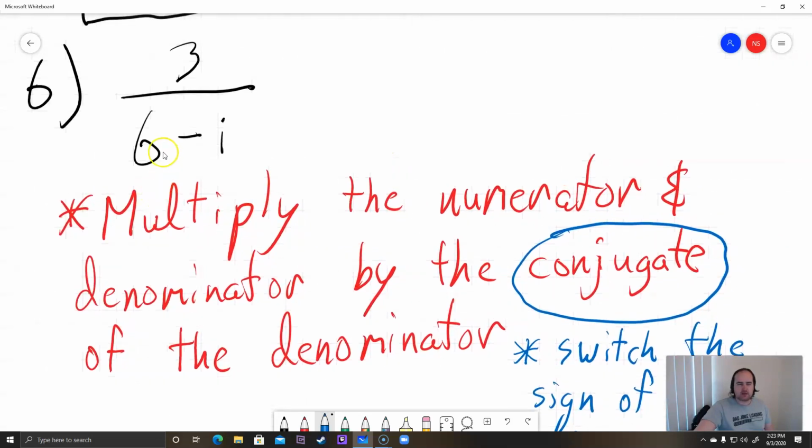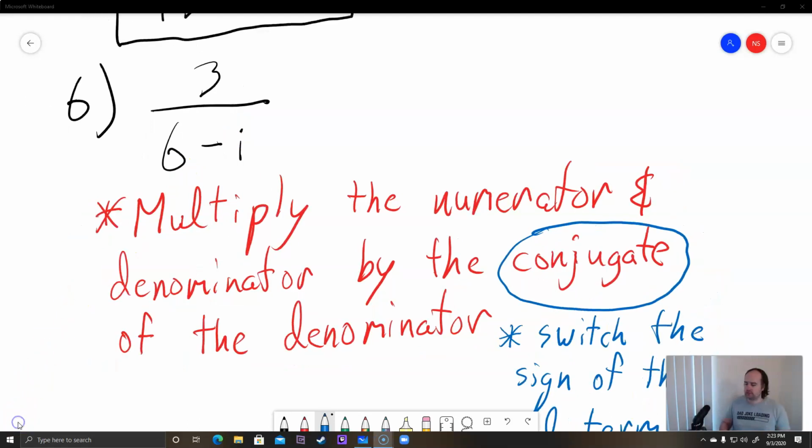So what's the conjugate of 6 minus i going to be? Well, it's the exact same expression, still 6 and i, but you switch the sign of the second term. So the conjugate, instead of being 6 minus i, is going to be 6 plus i.